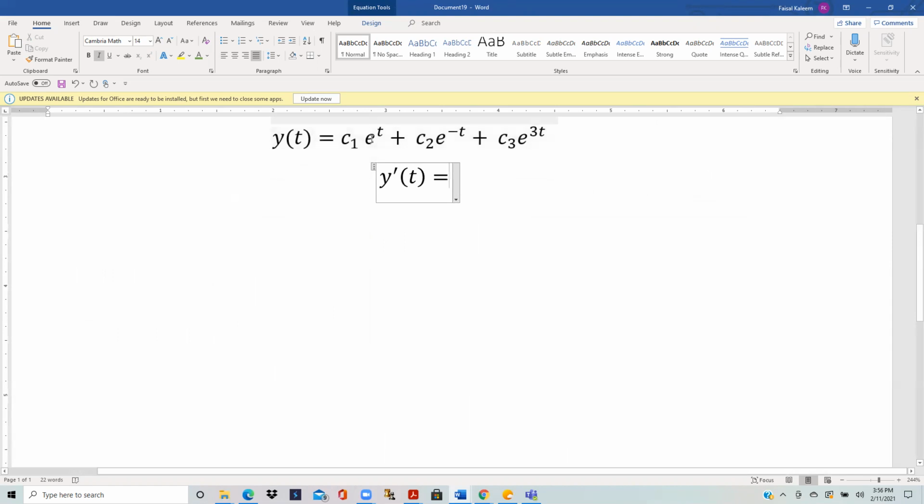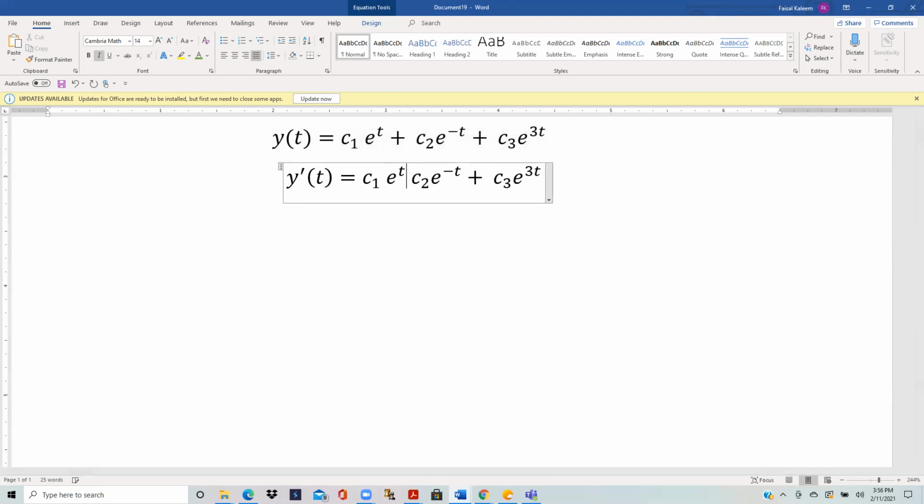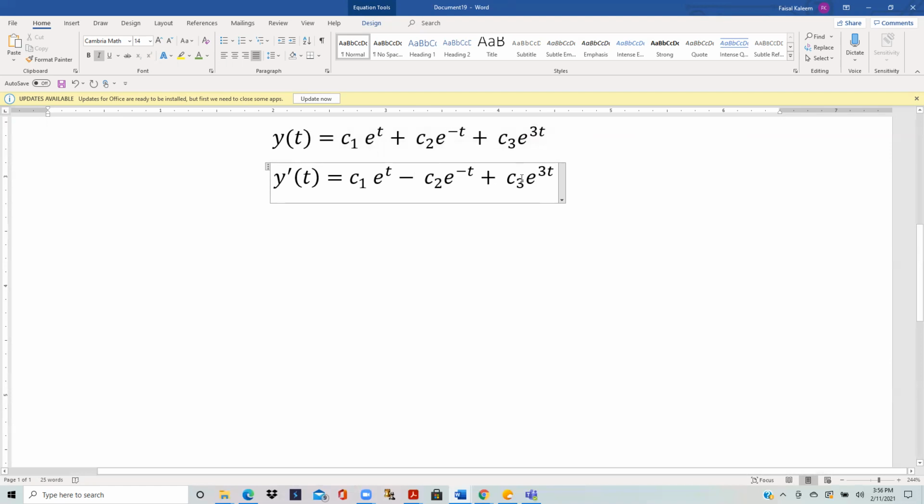Okay, so when you take the derivative of this, let me just copy this. Derivative of C1 e^t is just C1 e^t. For C2 e to the negative t, you will pick up a minus sign by the chain rule, and here you will pick up a 3.